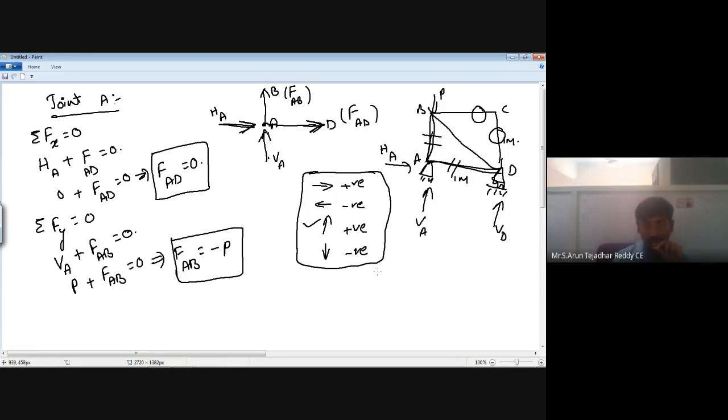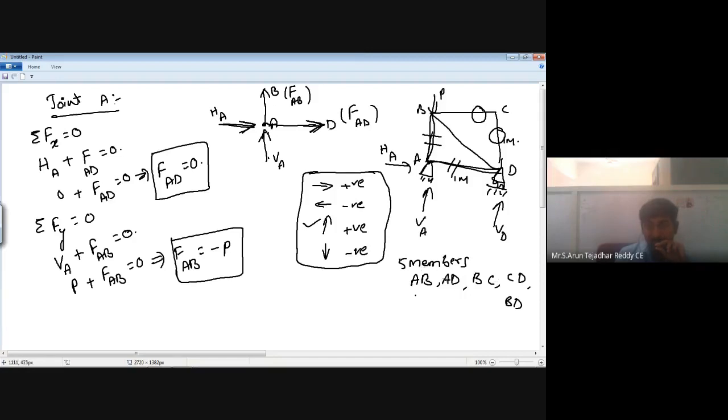In this figure there are totally 5 members: AB, AD, BC, CD, and BD.